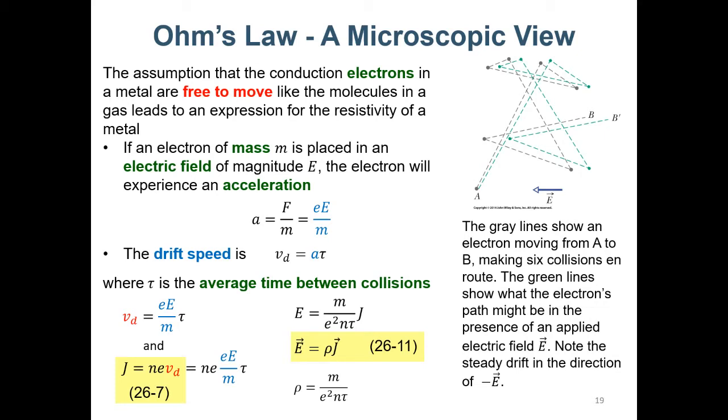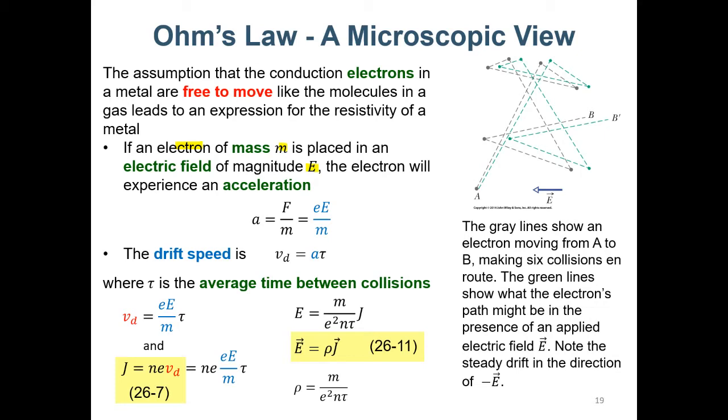If an electron of mass m is placed in an electric field of magnitude E, so we have an electron of mass. So what is the mass of an electron? Very small, 9.11 times 10 to minus 31 kilograms. So it's placed in an electric field, so the electron will experience an acceleration.